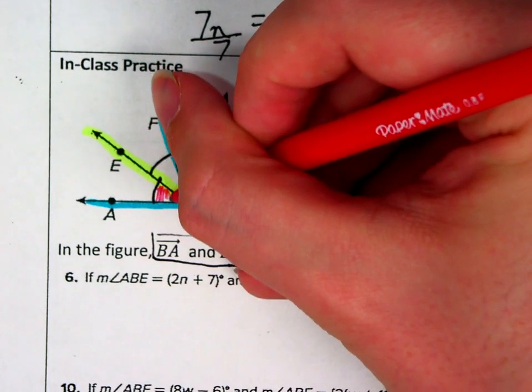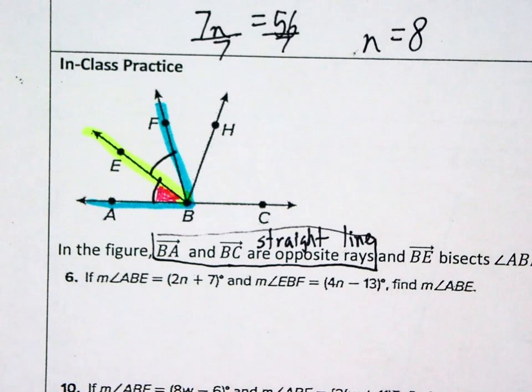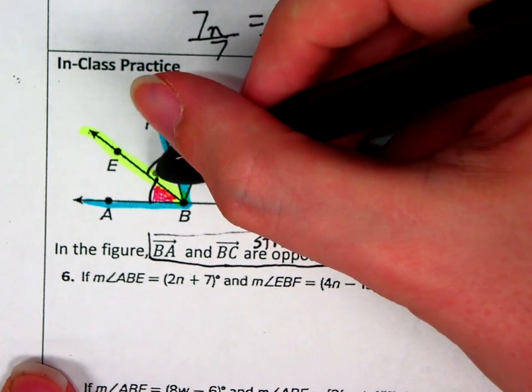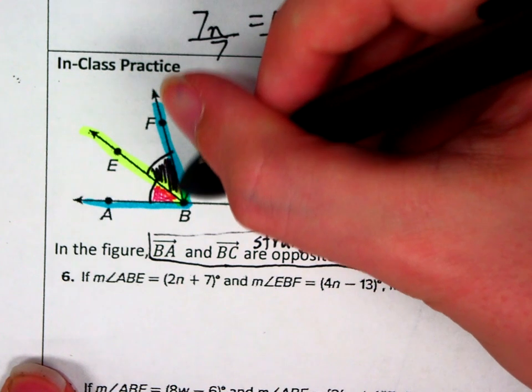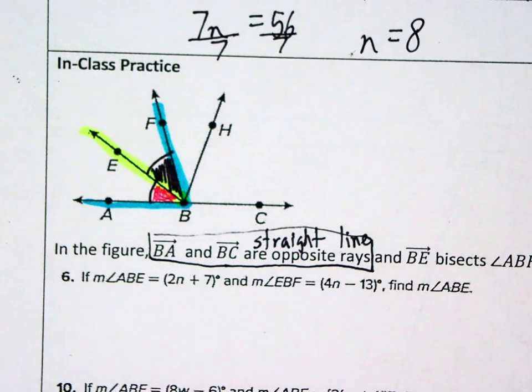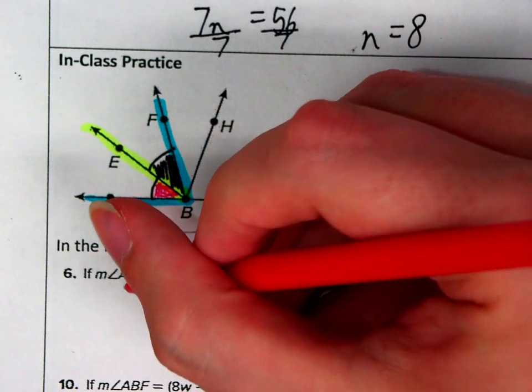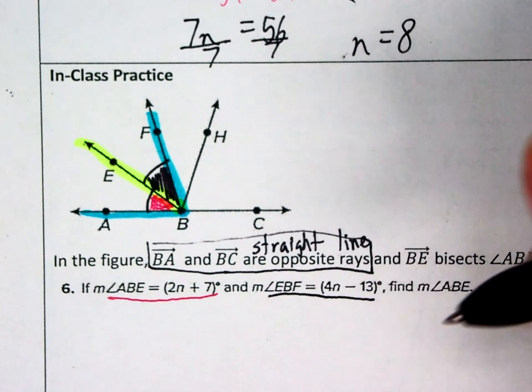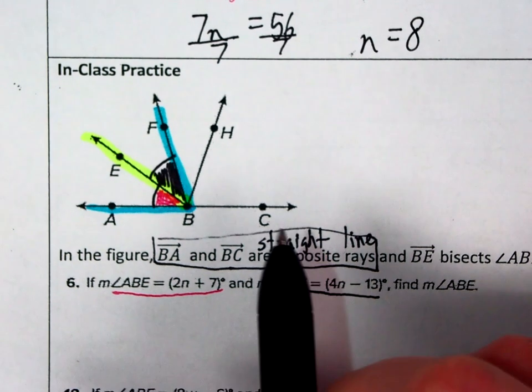ABE here, coloring it in red, is going to be congruent to this angle here, coloring it in black. ABE will be congruent to EBF. We will set them equal.